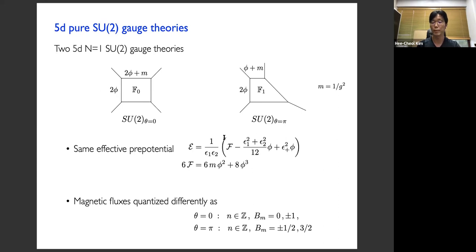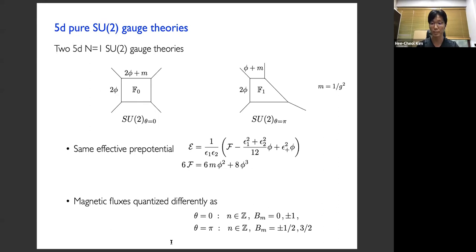We can compute the effective potential on the omega deformation background by using the gauge description or the geometric description, and this is the result. Since they have the same potential, the first input for these 2 theories is the same. However, they are distinguished by differently quantized magnetic fluxes.